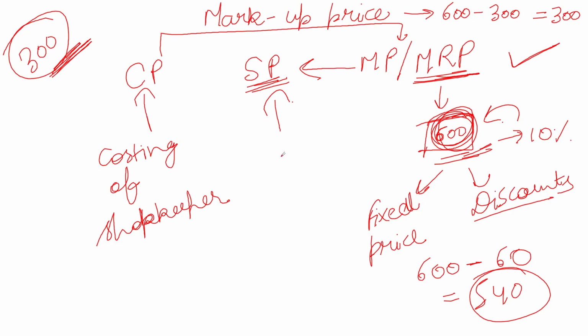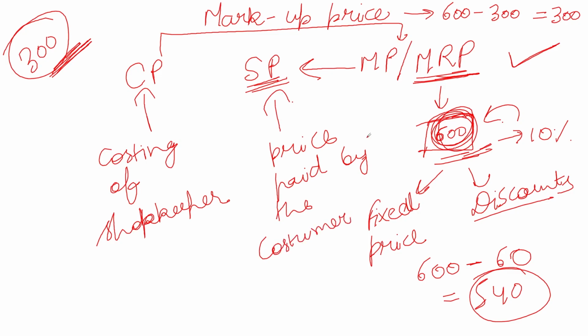This is the price paid by the customer. It may be the same as the MRP if there is no discount, or different from the MRP if there is a discount or sale going on.